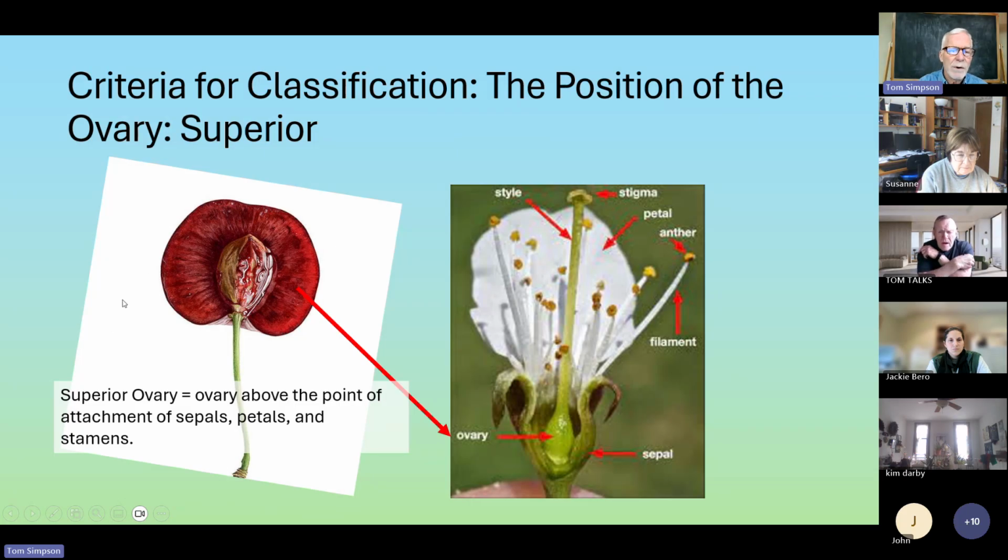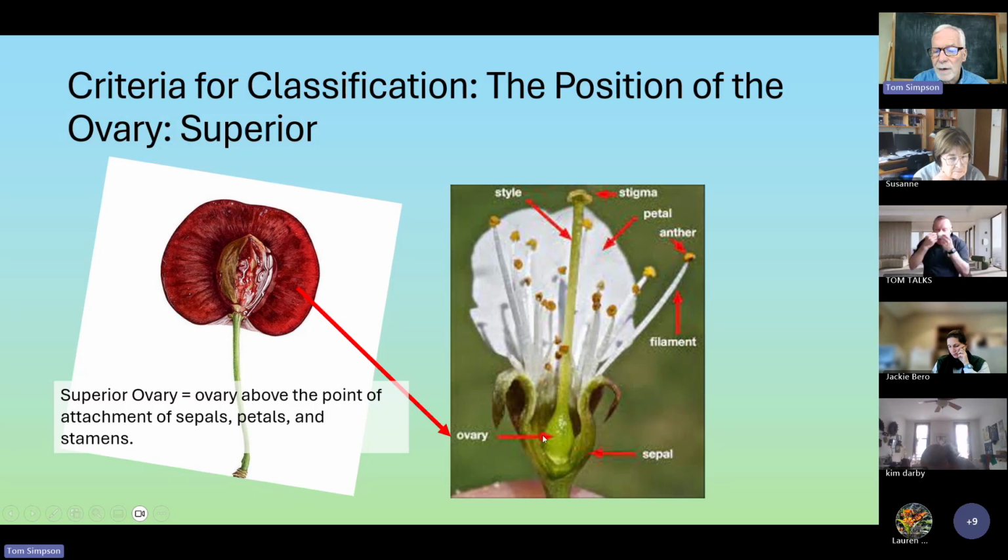We were looking at an inferior ovary before, but I want to formally recognize this. We can look at where the ovary sits relative to the point of attachment of the petals, stamens, and sepals, and if they join together below the ovary, then we call that a superior ovary.